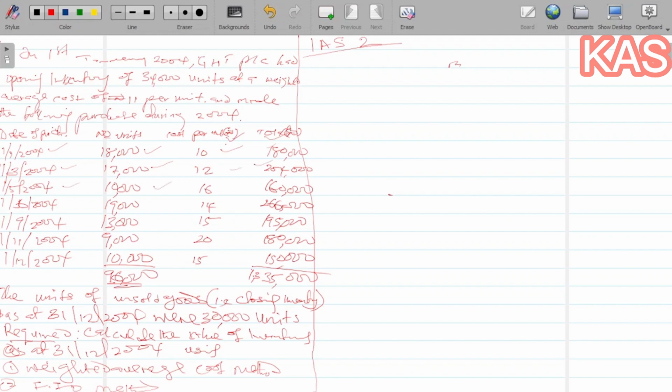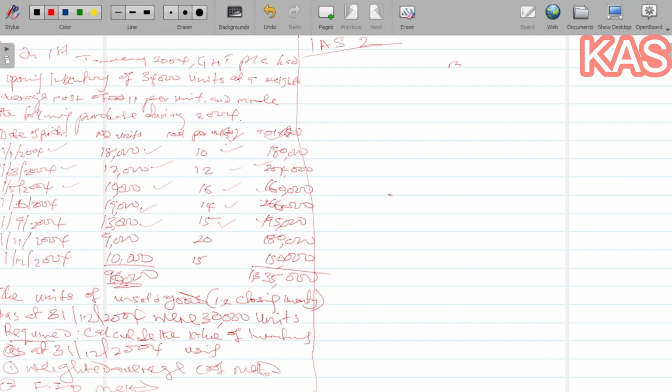In May, we have 10,000 units at 16, 160,000. In June, we have 19,000 at 14, which is 266,000. On September, we have 13,000 at 15, 195,000.